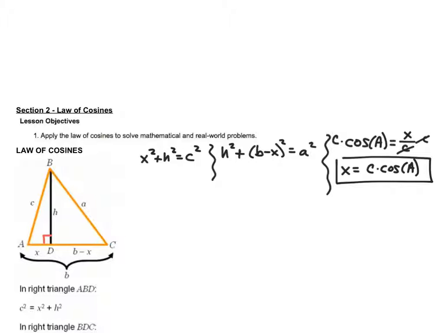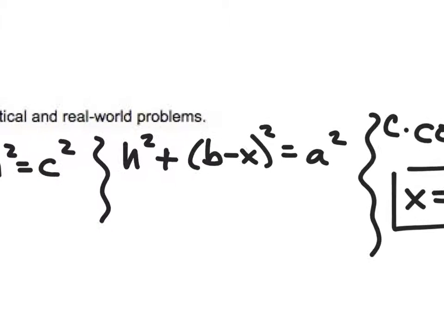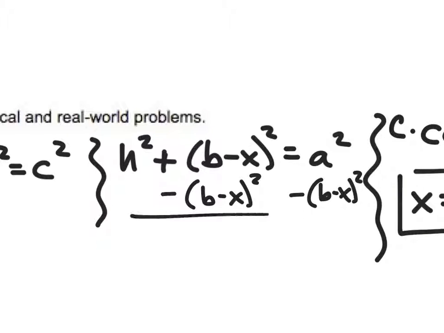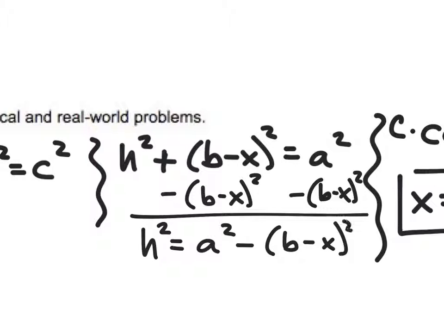The next thing I want to do is solve the second equation for h squared. I subtract the quantity b minus x squared from both sides, so I get that h squared is equal to a squared minus the quantity b minus x squared.